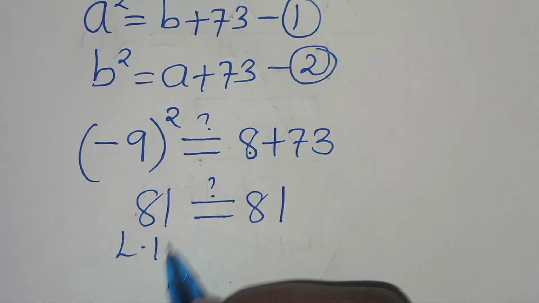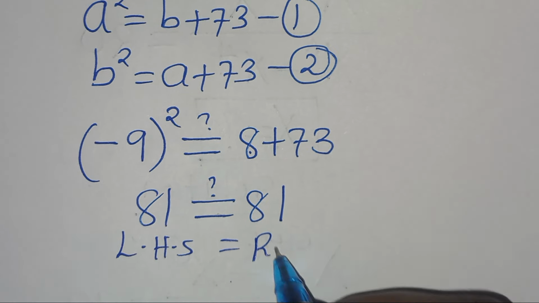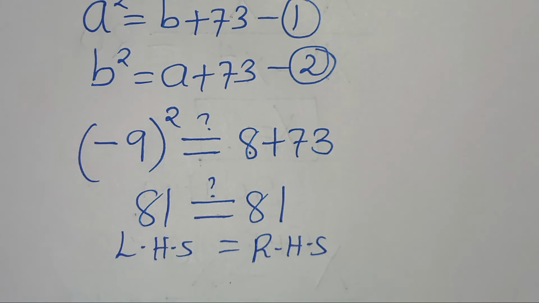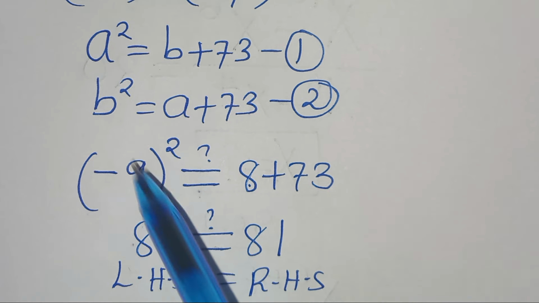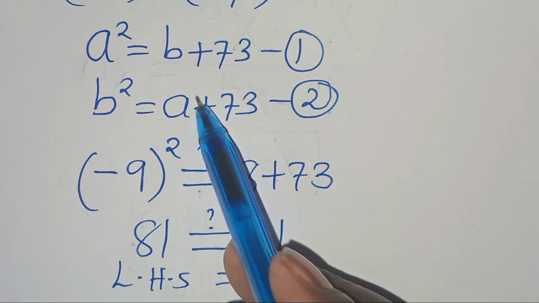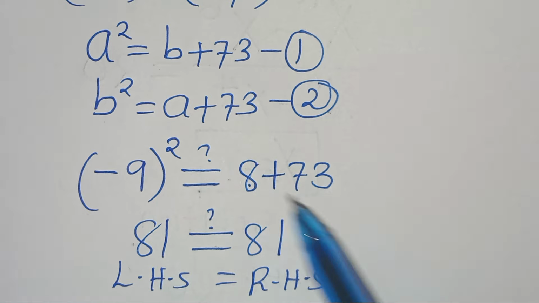So the left hand side is equal to the right hand side, and this proves that a3, b3 satisfies the equation. We can also check b squared equal to a plus 73.